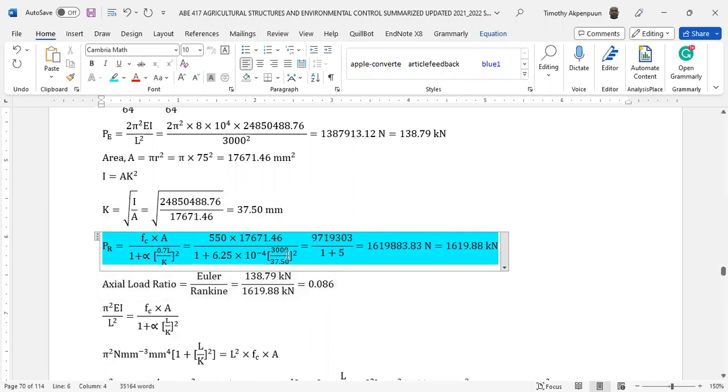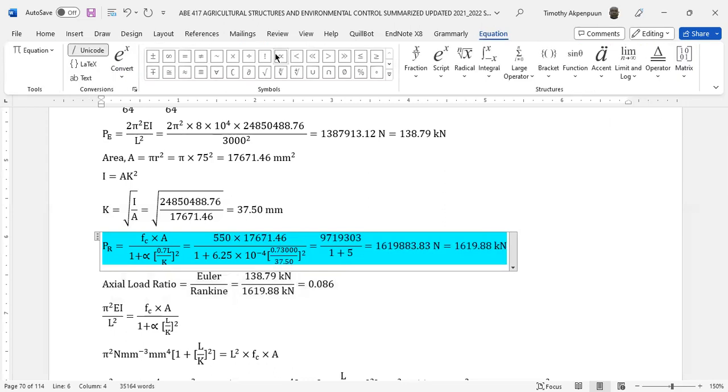Our length is 3,000, so 0.7 times 3,000. Because don't let us forget, whatever we have, it is what? 2,100. Okay, so let's go.